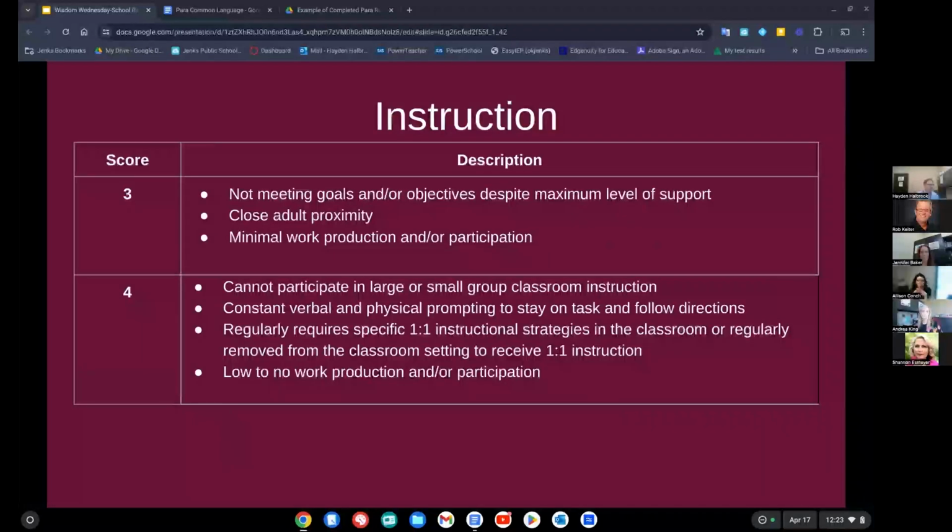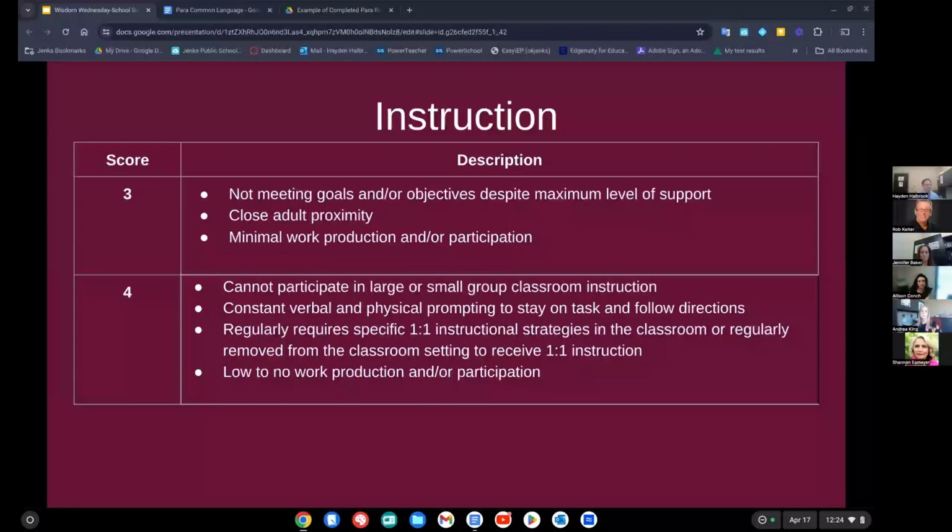The third criteria here would be they're not meeting their goals or objectives despite the maximum level of support. So in this situation, I would argue they have the special education teacher and possibly a para in the room, and they're getting that maximum level of support, close adult proximity, and they're still struggling towards meeting those goals and objectives academically. And then the fourth: cannot participate in large or small group class instruction, constant verbal and physical prompting to stay on task.